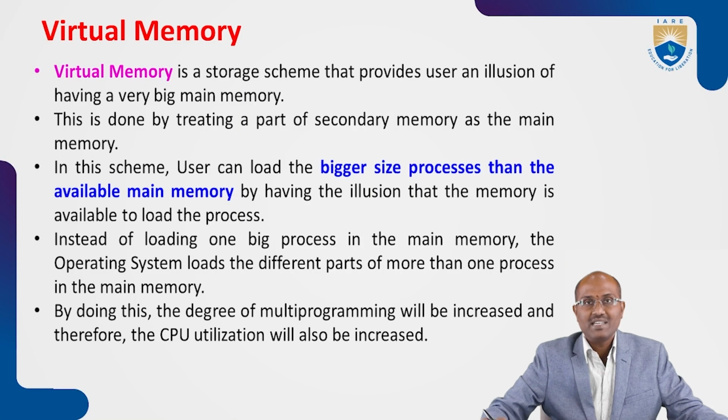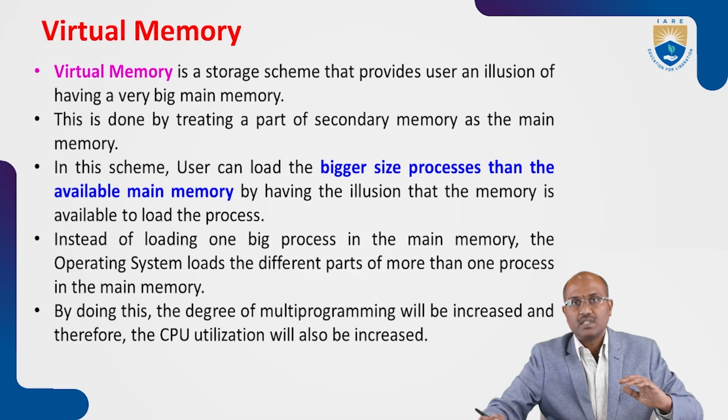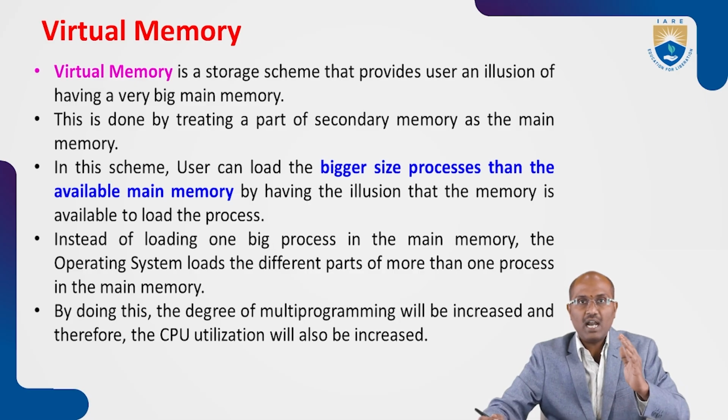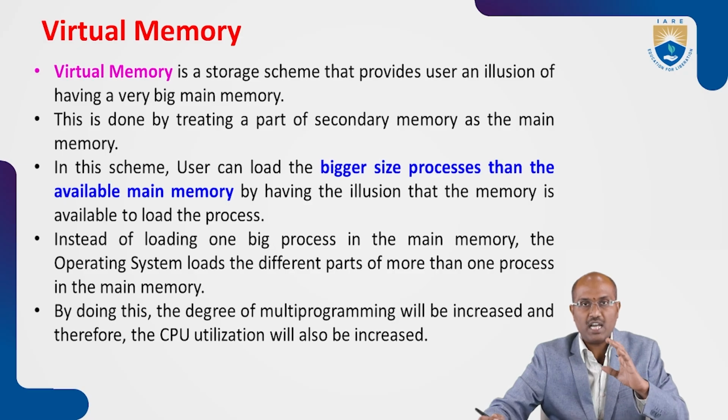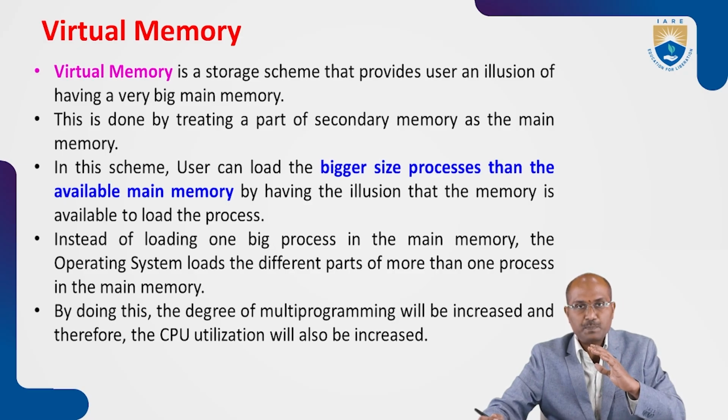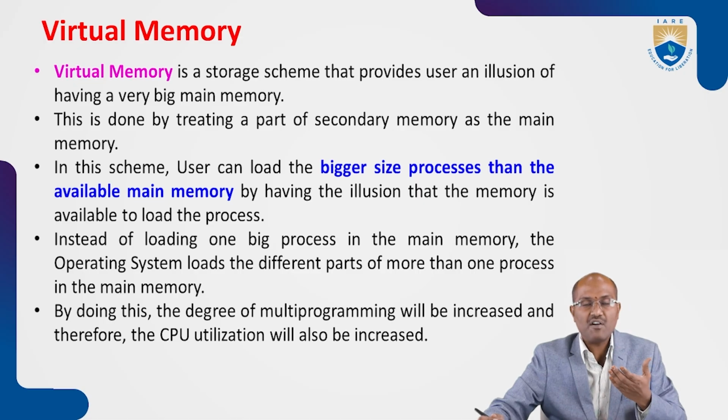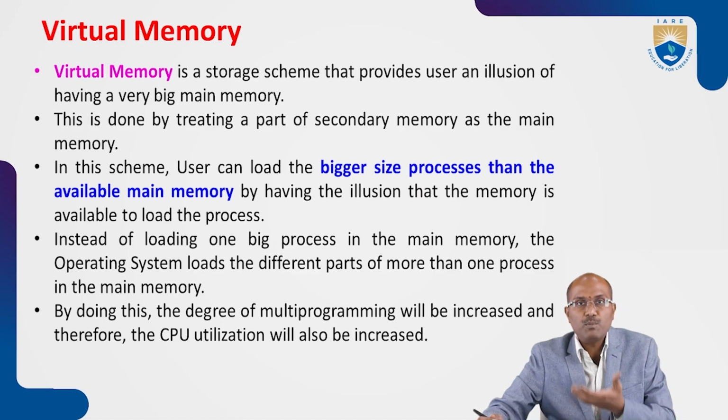Virtual memory is a storage scheme where the user feels the illusion of having a big main memory. Between primary memory and secondary memory, virtual memory creates the illusion that expands the capacity beyond the size of the main memory.